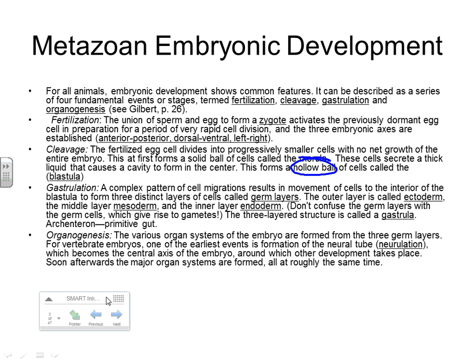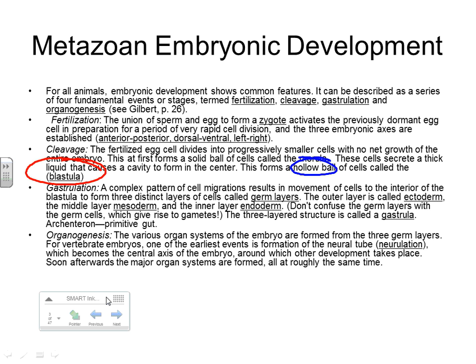And my marker's a little off, as you can see. But the cells in that ball secrete a liquid that ends up pushing a cavity into the middle. Once it's organized into like a hollow ball, those cells are called the blastula. And eventually, the cells in that blastula are going to move around. And they're going to organize themselves into 3 layers of cells, which we've been calling germ layers.